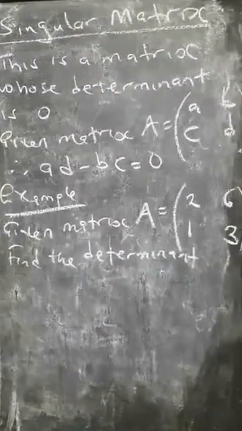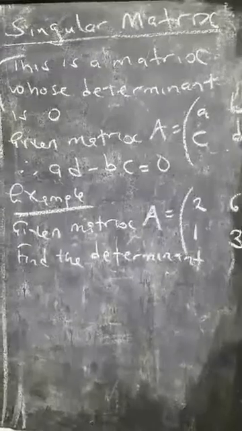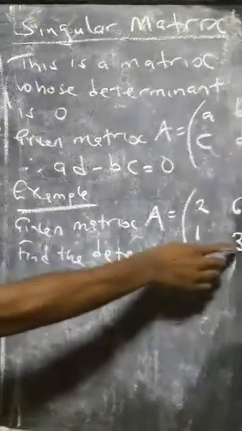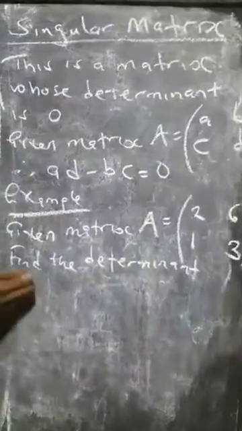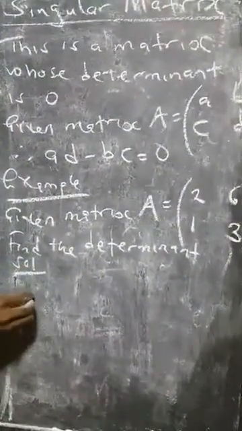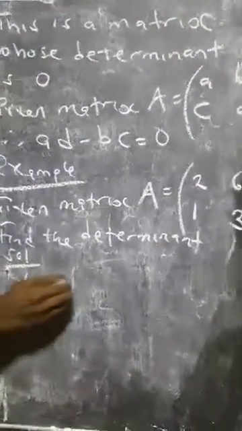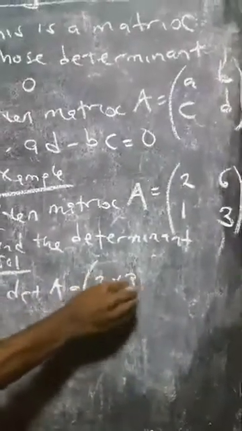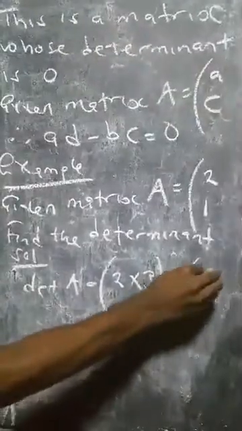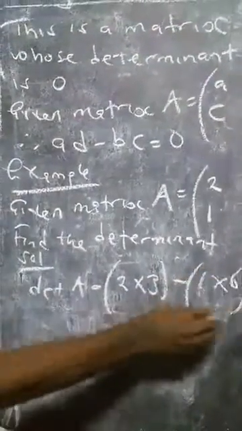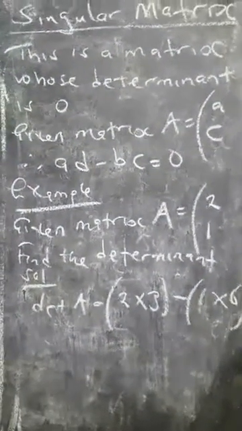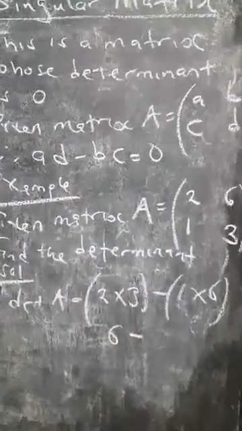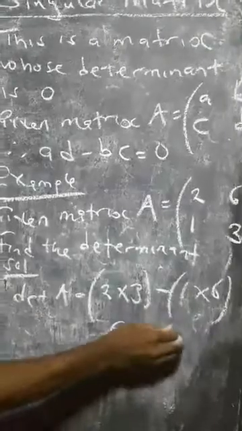Like I said, it's the major diagonal minus the minor diagonal. So the determinant of A is equal to 2 by 3 minus 1 by 6. So 2 by 3 is a 6, and 1 by 6 is a 6.